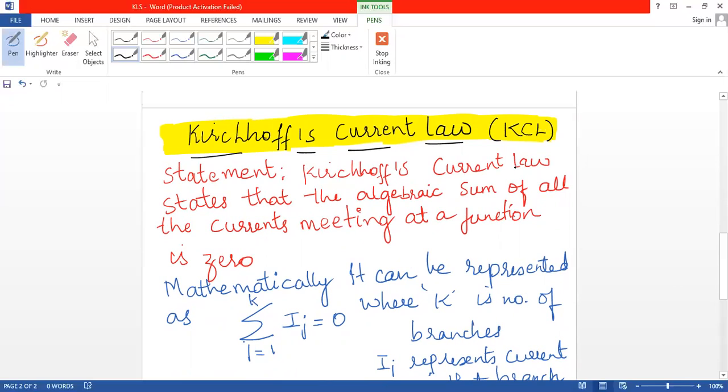Kirchhoff's current law states that the algebraic sum of all the currents meeting at a junction is 0. Mathematically we can represent Kirchhoff's current law, or KCL, as the algebraic sum of Ij equal to 0, where K is the number of branches meeting at a junction and Ij represents the corresponding branch current.